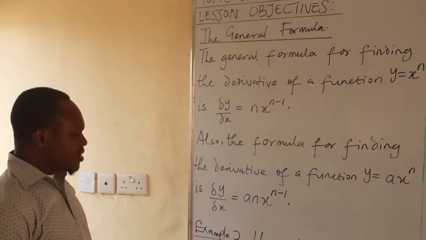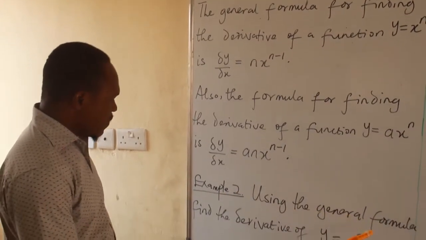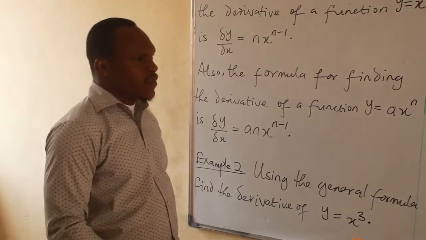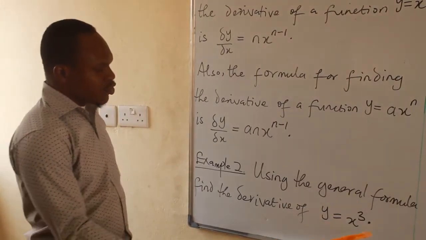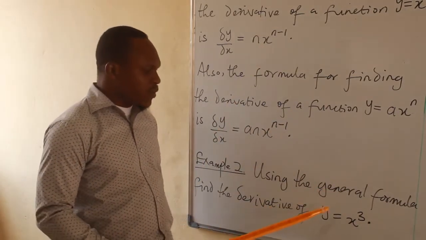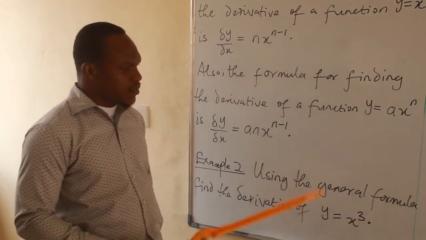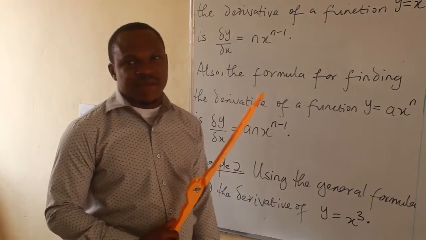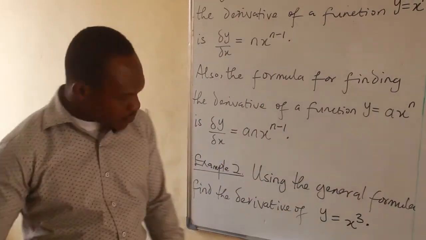Now, example 2 says, using the general formula, find the derivative of the function y is equal to x to the power 3. If you remember, this is the function we used to solve in the first example. So we are going to try to use the formula method to see if we get the same value as what we got using first principles.